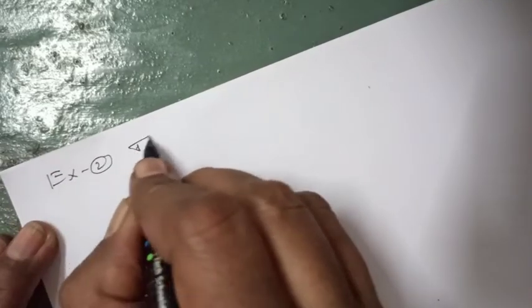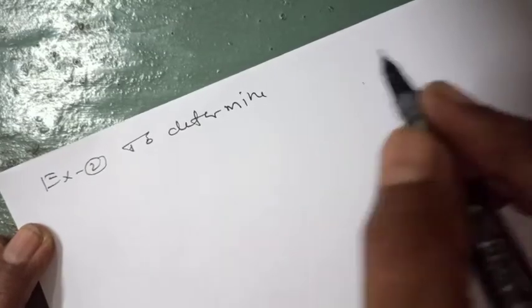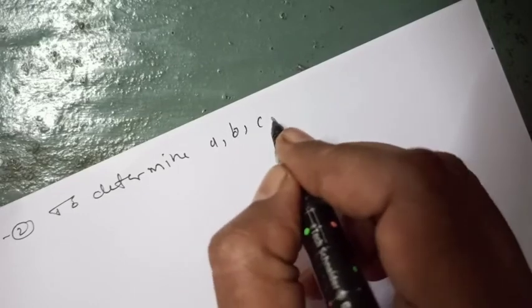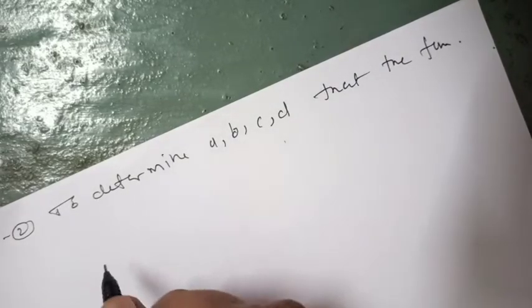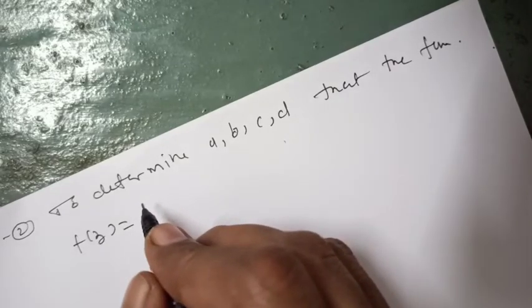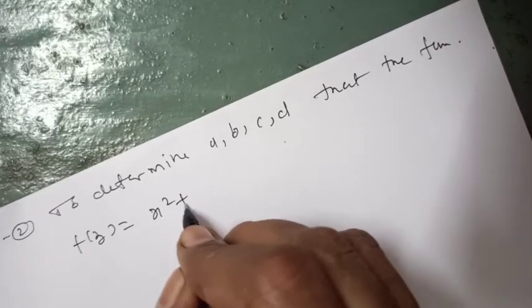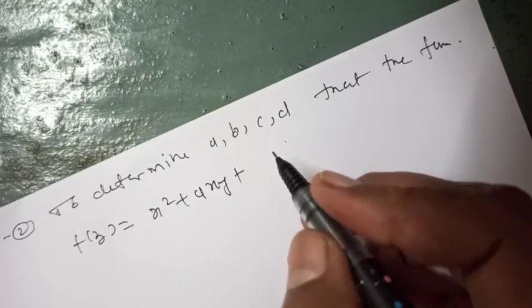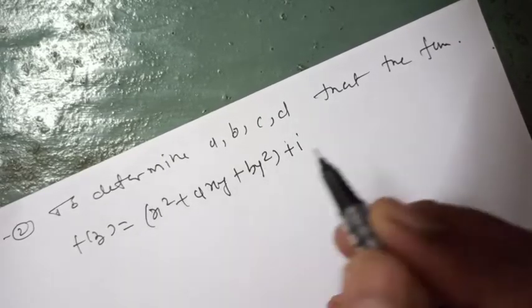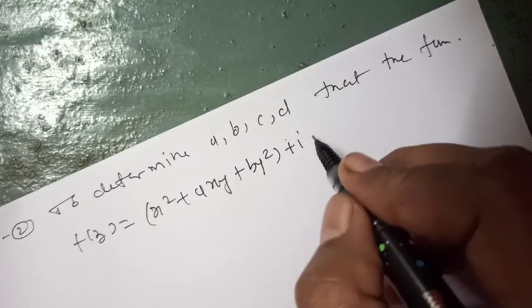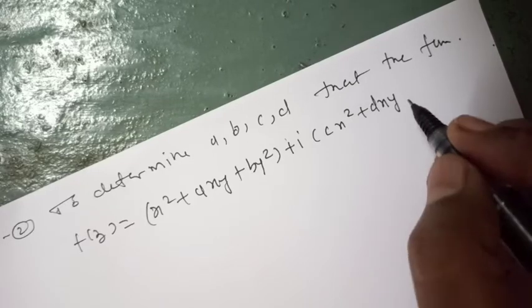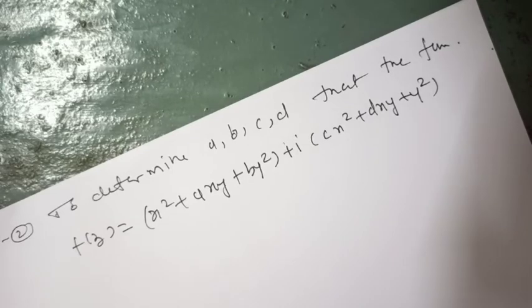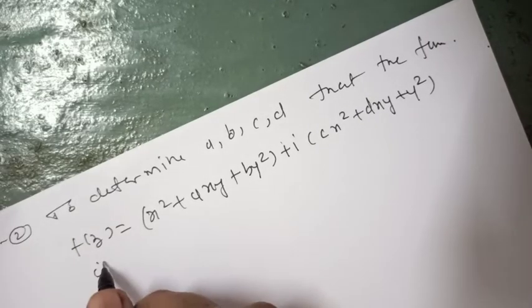To determine the values of a, b, c, d so that the function f of z equal to x square plus axy plus by square plus i times cx square plus dxy plus y square is analytic.